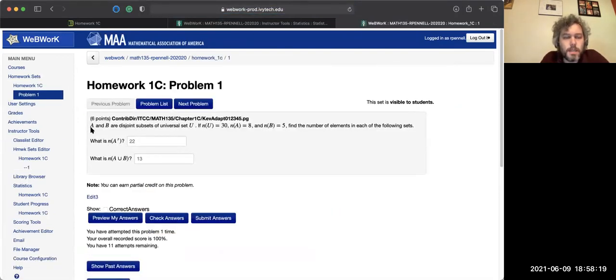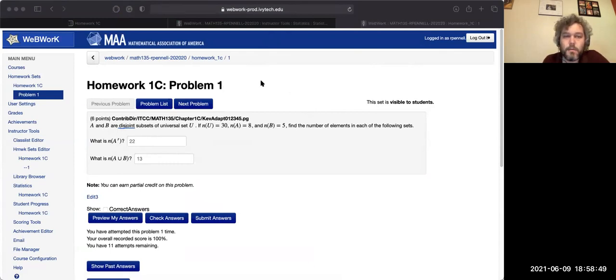So the first problem says that A and B are disjoint subsets of the universal set, that the universe is 30, that A is 8, and that B is 5. Find the number of elements in the following sets: A complement and A union B. We absolutely have to understand what the word disjoint means, or we cannot solve this problem.